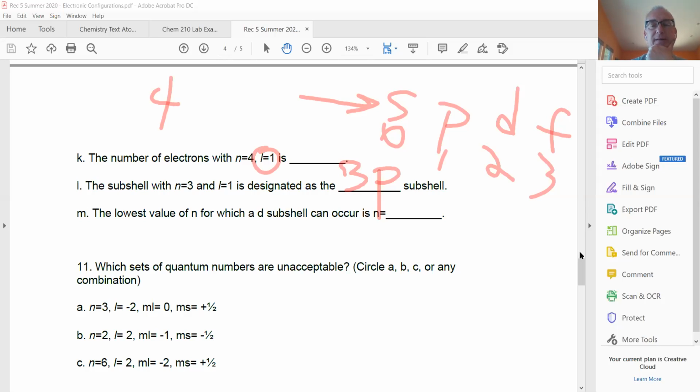P, right. So 4p. I've got a 4p subshell. How many orbitals can I put in a p? How many orbitals, and therefore how many electrons? So how many orbitals in a 4p subshell?